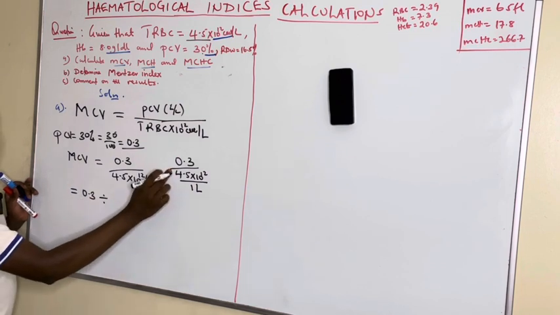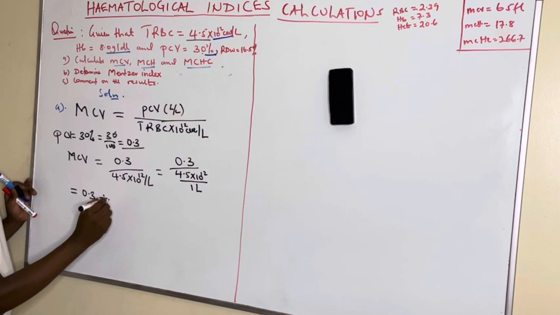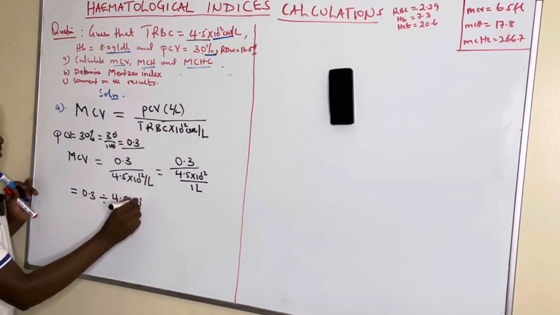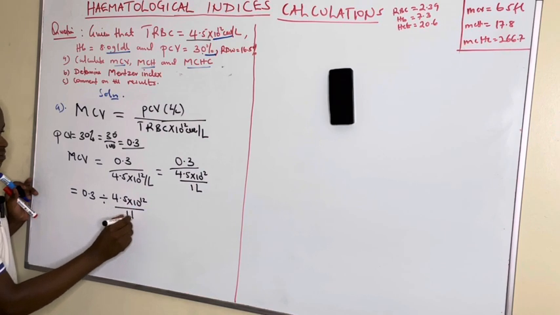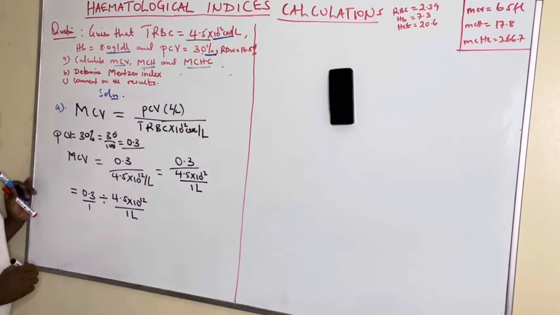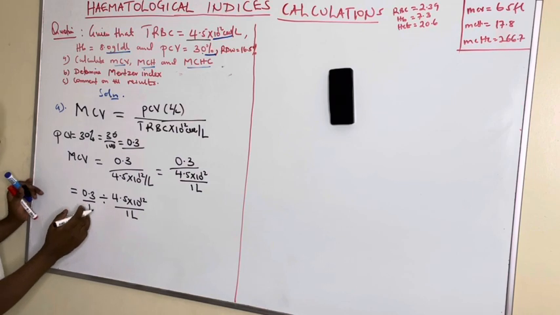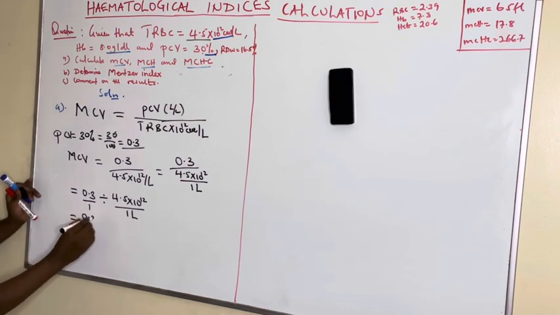I remove this and put a division sign, divided by 4.5 times 10 to power 12 over 1 liter. And this is always over 1. I can call it over 1, or I can say this is 3 over 10, and I will be able to get 0.3 over 1.